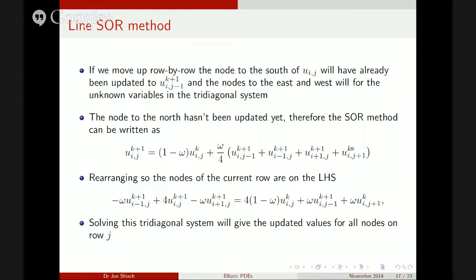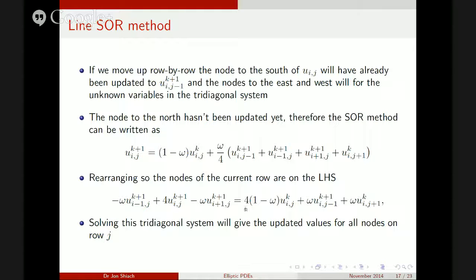What I could do there is rearrange so that the nodes on the current row are on the left-hand side. So the current row means the node to the west, the node ij, and the node to the east. So I've rearranged those so they're on the left-hand side.